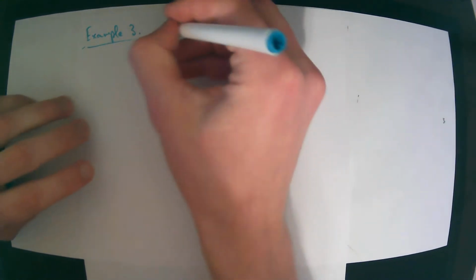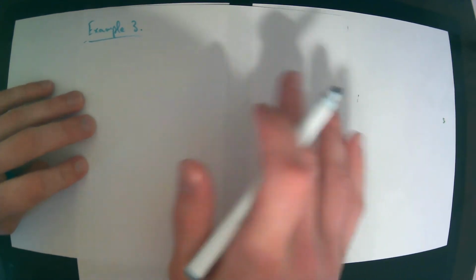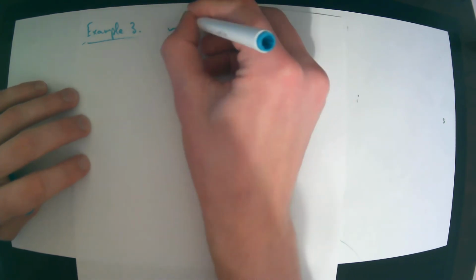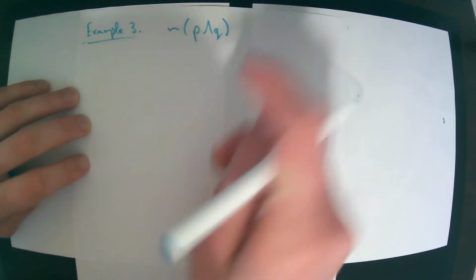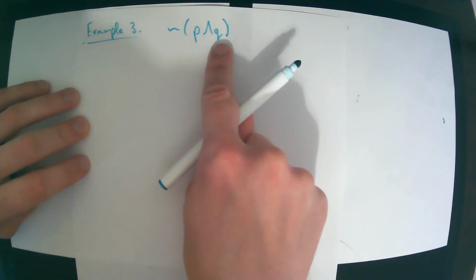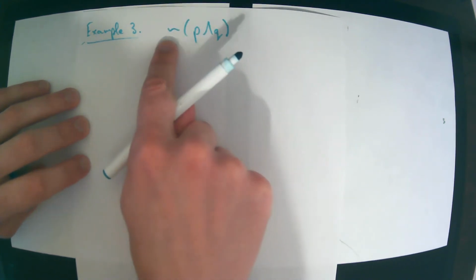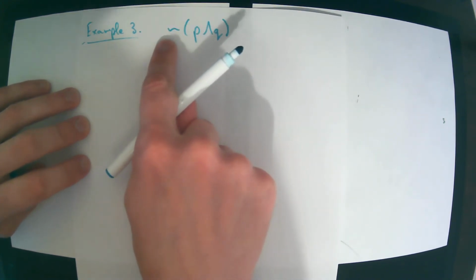Alright, consider example 3 from the notes. Considering the following compound statement: it is not true that Jack and Jill went up the hill. Alright, it is not true that, and then there's an and statement. So I would say if P is Jack went up the hill and Q is Jill went up the hill, then the statement would read as not (P and Q). Combining them with an and, then putting that it is not true in front of the whole statement.